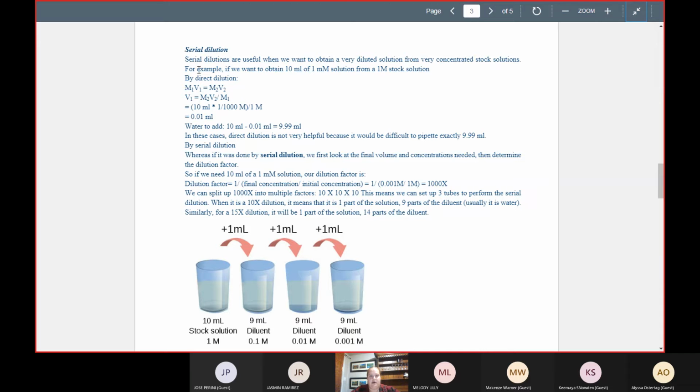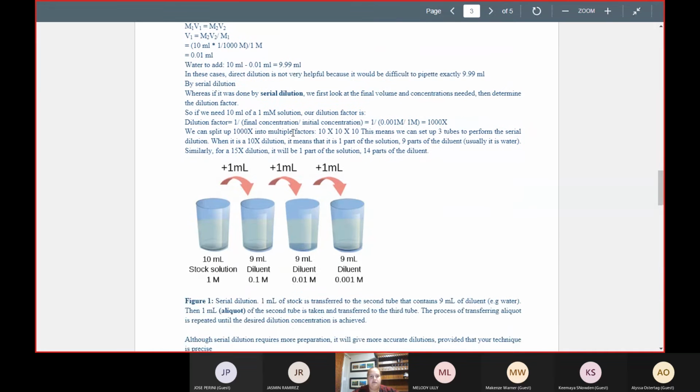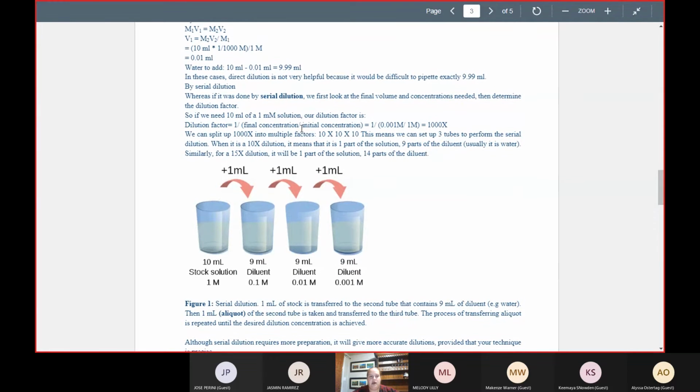If you walk through this, this is how to do the dilutions to obtain 10 milliliters of a 1.1 millimolar solution from a stock solution. It's kind of esoteric to what we're actually doing, but it does have a good point. If you look down here, I think this is my takeaway from this discussion.